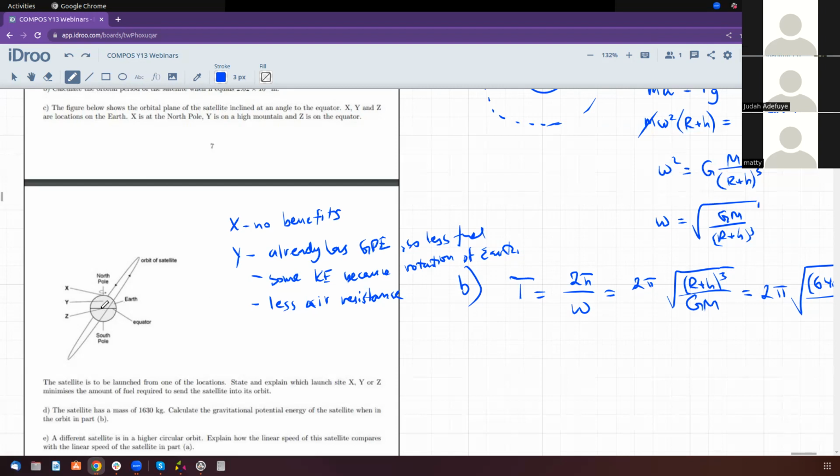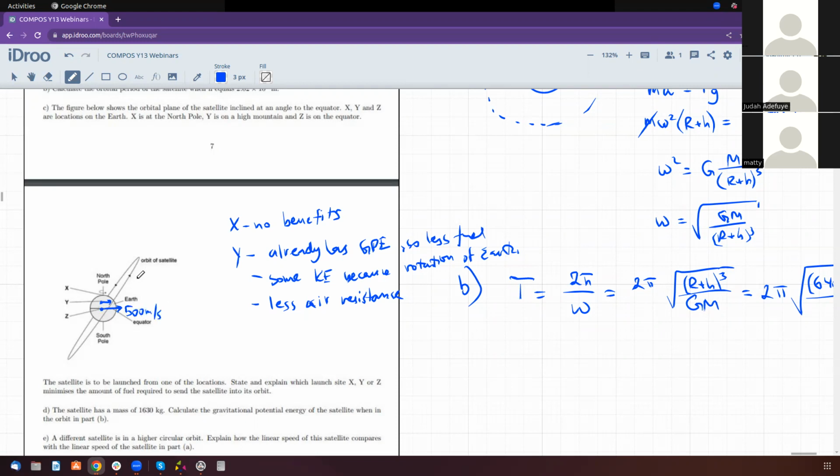And if you're at the equator, the satellite is already traveling faster. So here, the satellite is traveling like this, even before launching, even before firing up the rocket. The satellite, which is on the equator, already is traveling at 500 meters per second.